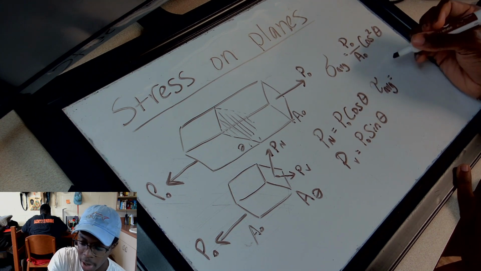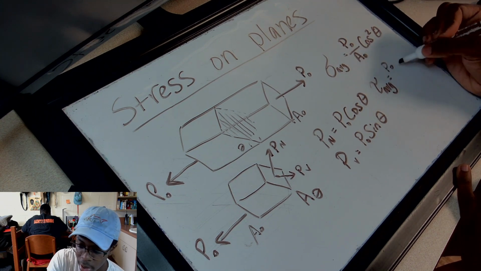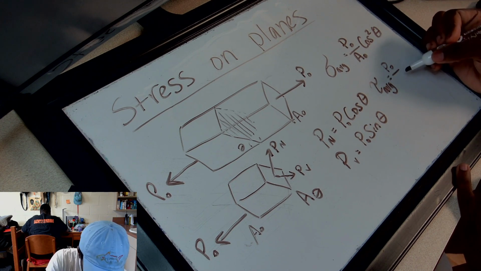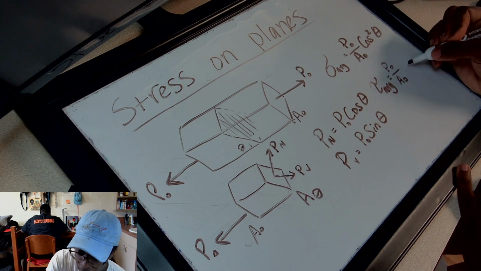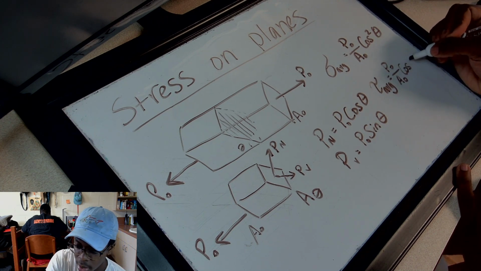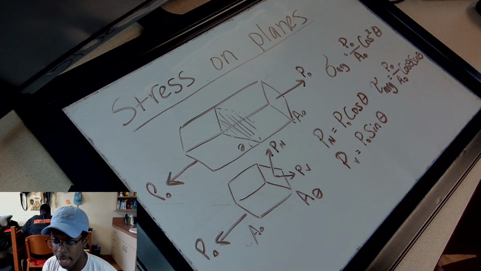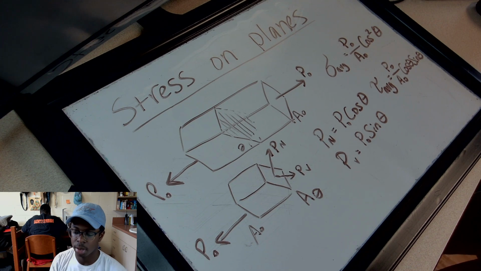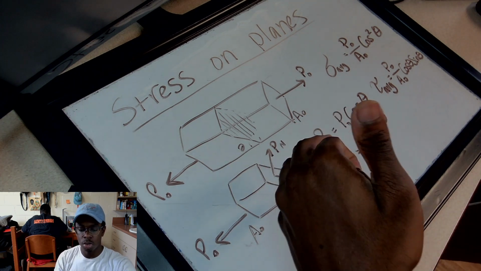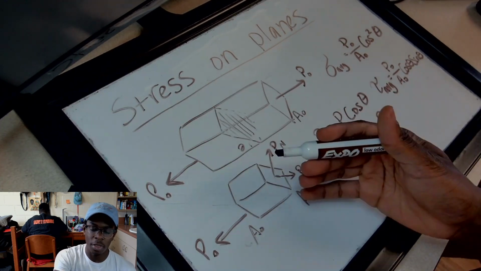And we have something similar for the average shear stress. So tau average is P naught over A naught times cosine theta sine theta. And that's now going to give us what our shear stress is on that angled plane.